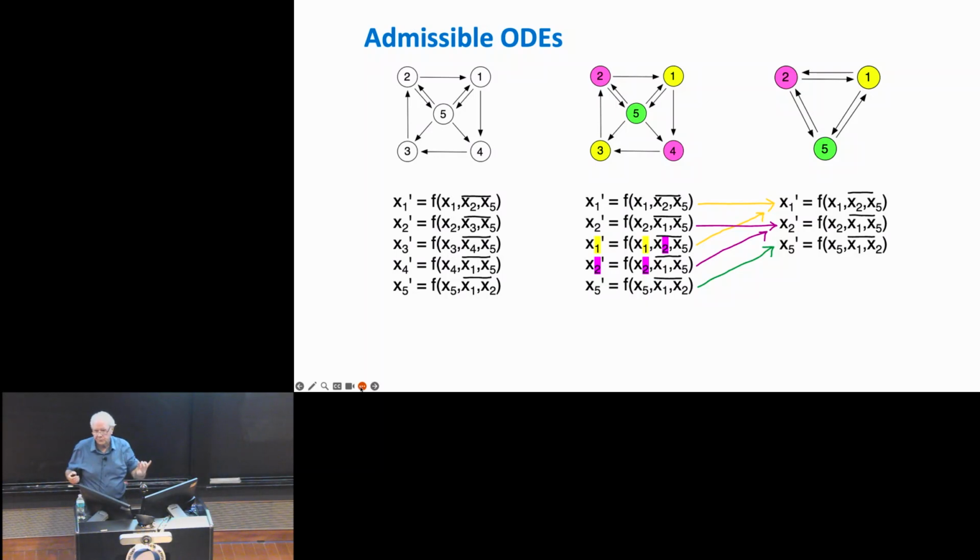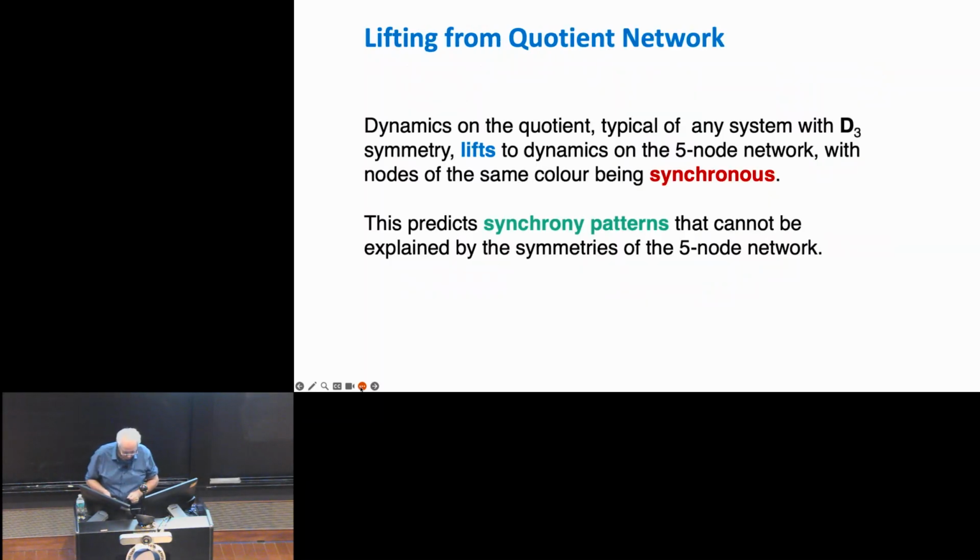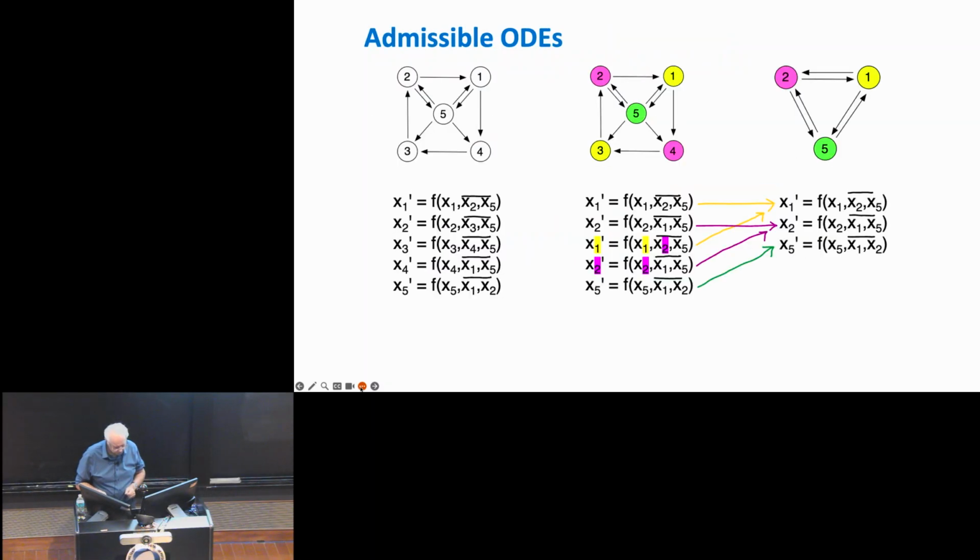It's a fairly straightforward theorem to show that if you have a group of symmetries acting on the network, the orbits of that group on the nodes give you a balanced colouring. But here we've got a balanced colouring that does not arise from the symmetry group, although the quotient network has dihedral group D3 symmetry. So the original network has no symmetry, the quotient has more.